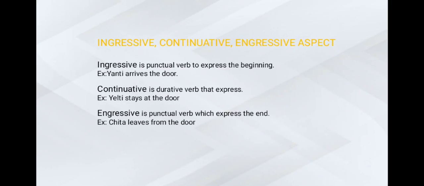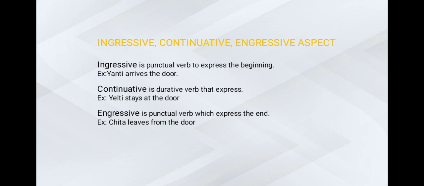So, next is inclusive and continuative aspect. In inclusive aspect, a punctual verb expresses the beginning. For example, Yanti arrives at the door. This is aspectually indicating that an action is about to be entered.